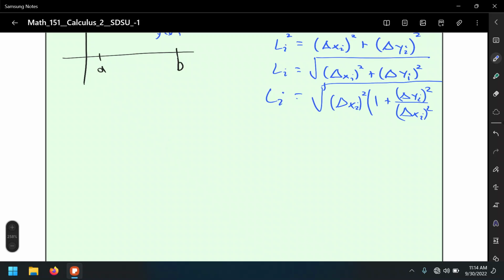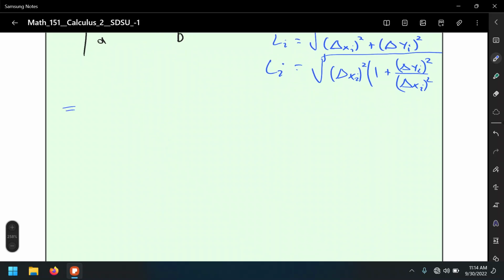So number one, let's clear some stuff over here. So we have the radical of a product. Let me write the product of two radicals. Delta x sub i quantity squared times the square root of 1 plus, in this case we have the quotient of two squares.